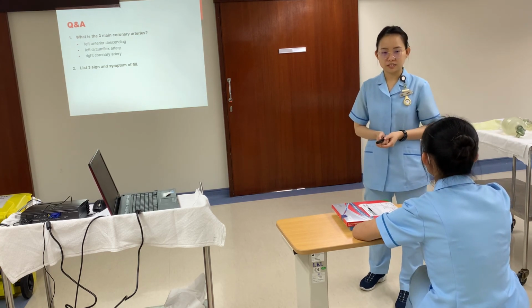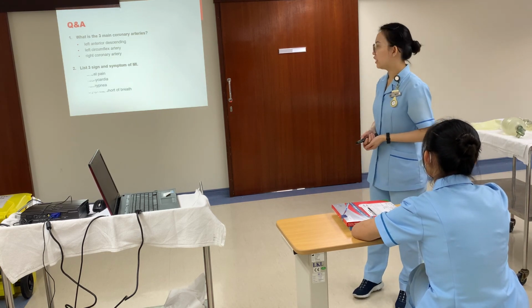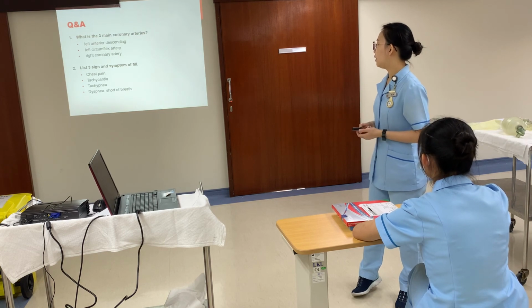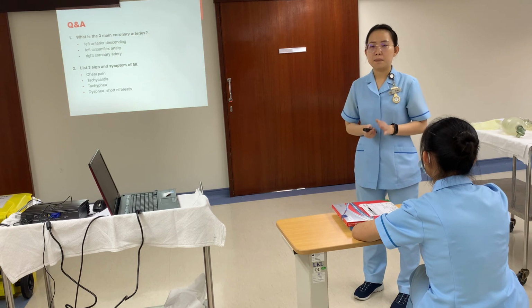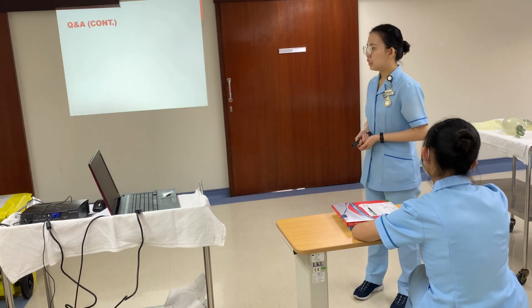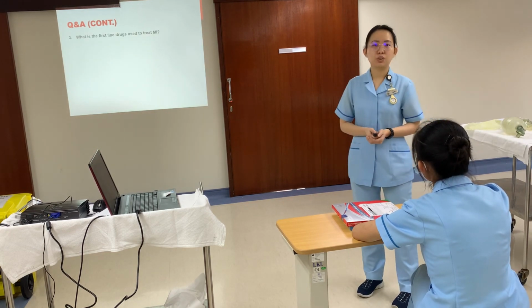Chest pain, tachycardia, tachypnea. Yes, very good. There are a lot, you just choose 3. Chest pain, tachycardia, tachypnea, and shortness of breath are the most common signs and symptoms of MI. So last question, what is the first line drug used to treat MI?